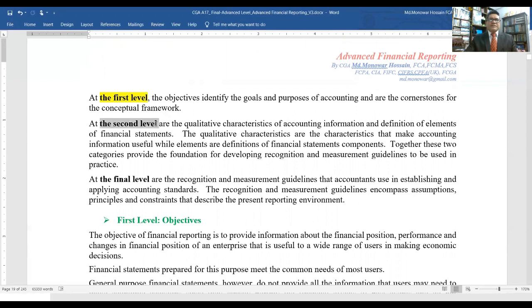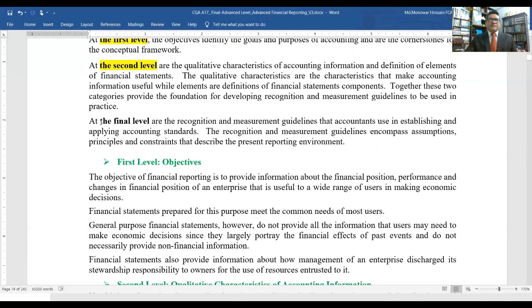The second level covers the qualitative characteristics of accounting information and the defined elements of financial statements. The third level covers the recognition and measurement guidelines that accountants use in establishing and applying accounting standards, in terms of assumptions, principles, and constraints that describe the present reporting environment.